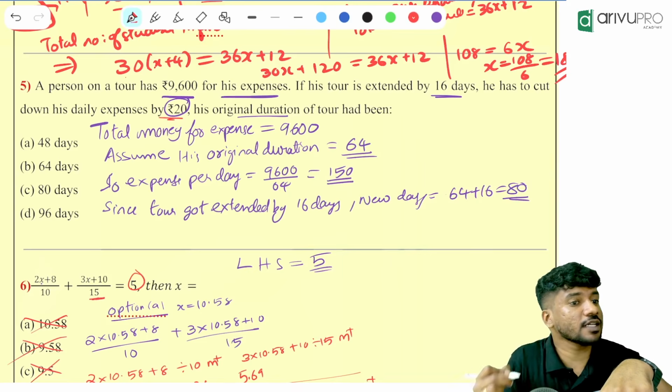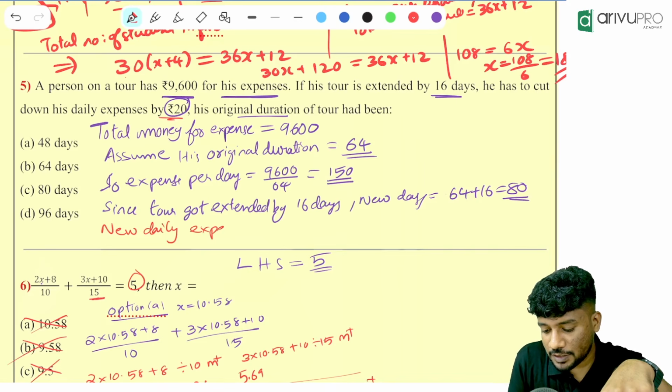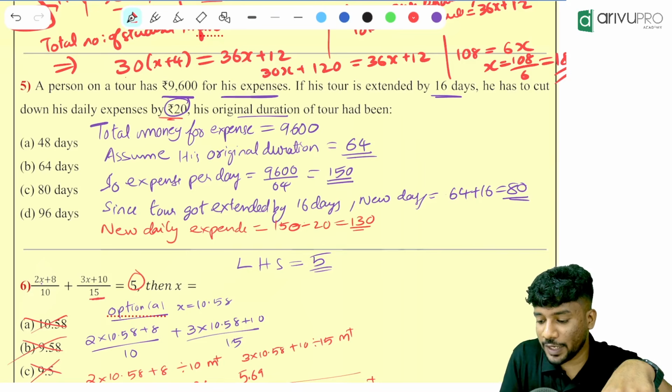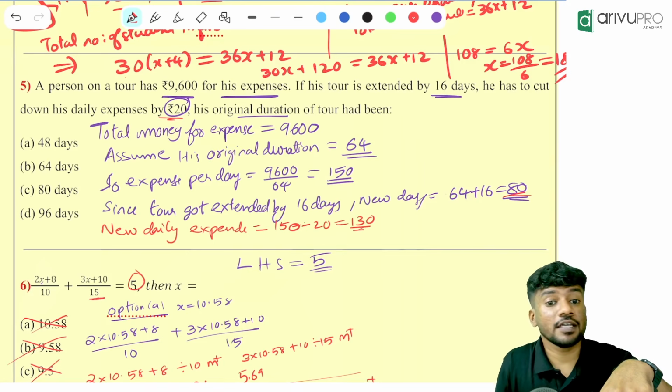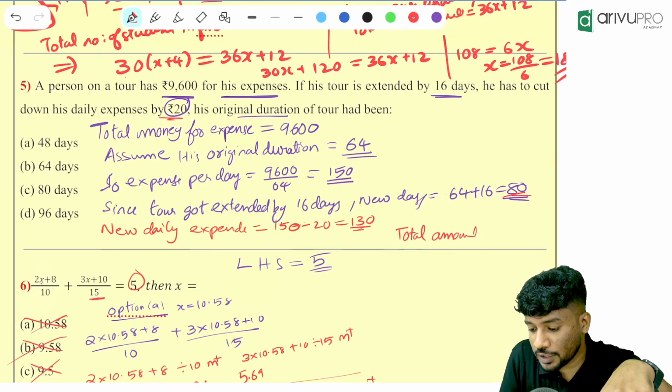Daily expense is reduced by 20. New daily expense is 150 minus 20, which is 130. So 80 days is there, 130 rupees per day is there. Can you tell me the total amount? Total amount is 130 into 80, which is equal to how much?